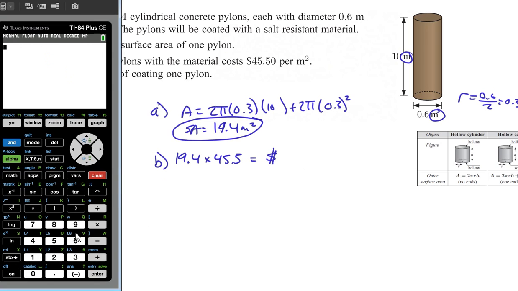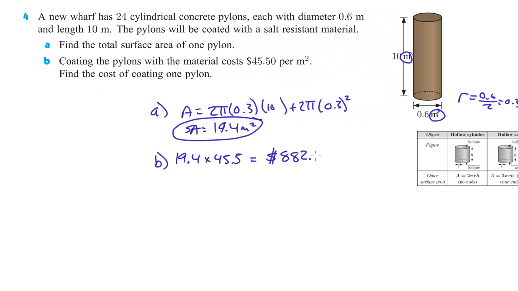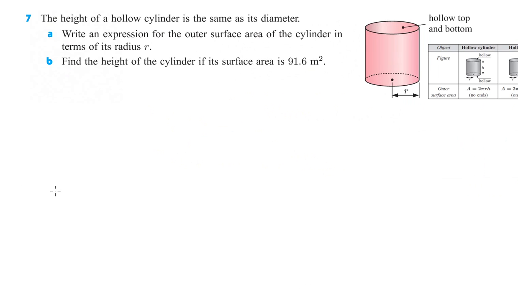Okay, so 19.4 times 45.5 gives us 882.7. Now we wouldn't want to write 0.7, we would want to write 0.70 for the $882.70.